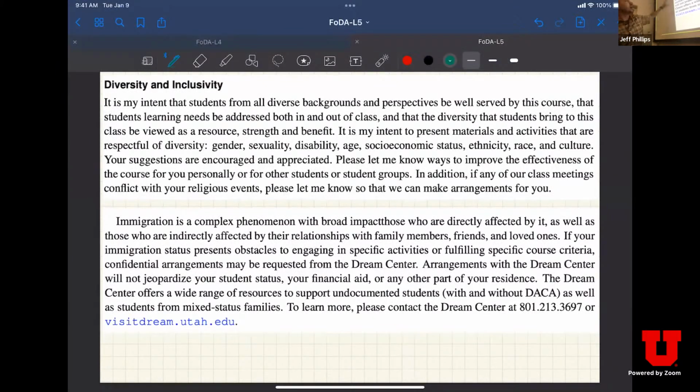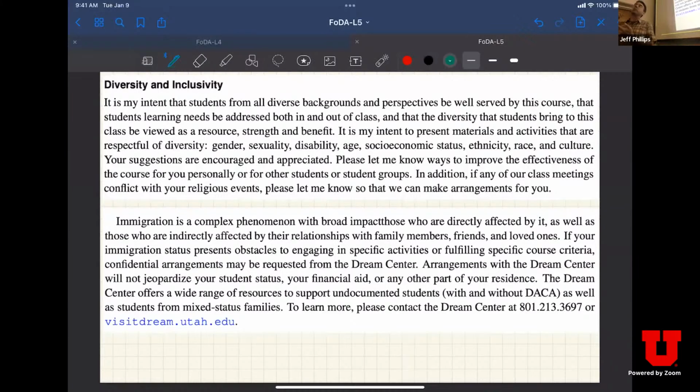One particular aspect that we're asked to highlight in the syllabus is people's immigration status. If someone is in the classroom as a Dreamer, or they have other challenges with immigration status, there are a variety of resources.